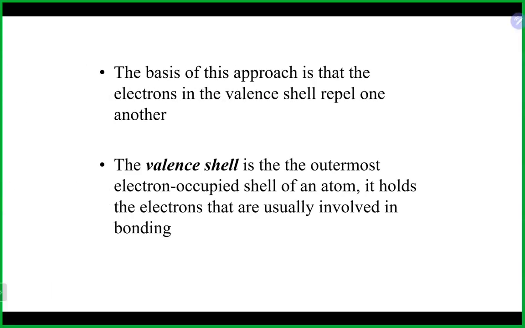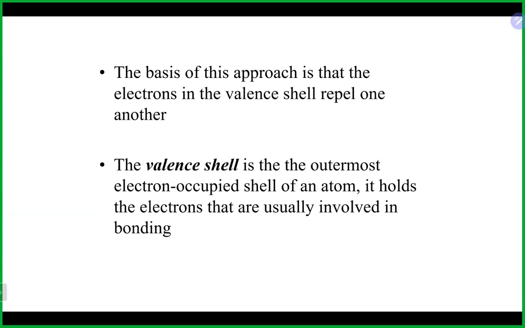So that's always the one that you want to look at, is the guy in the middle. The basis of this approach is that we basically have valence electrons, which are negatively charged, which means when you get electrons near each other, do they really want to be near each other if they're both negatively charged? They don't. But they can't escape because they're involved in bonds and stuff. So because they really don't want to be near each other, they will do their very best to get as far away as possible from each other.